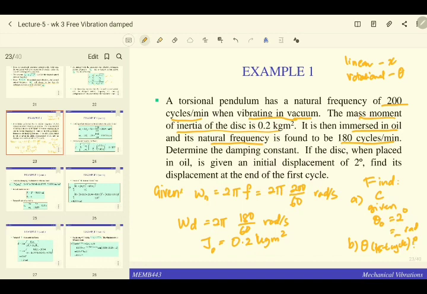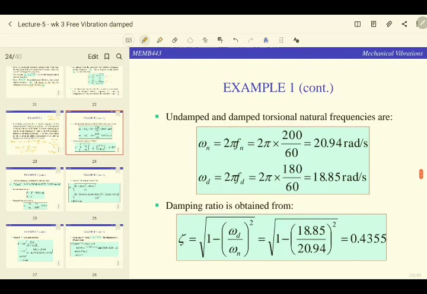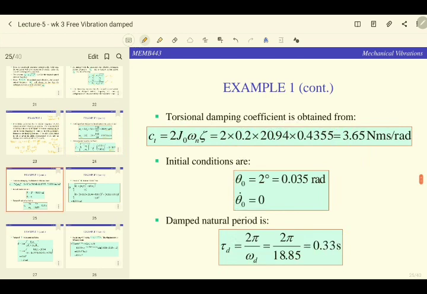So there are two parts that you need to solve. If you look at the solutions, we have it in terms of radian per second. Once you have your omega d, it's easy for you to find the damping ratio, which you can see is less than 1.